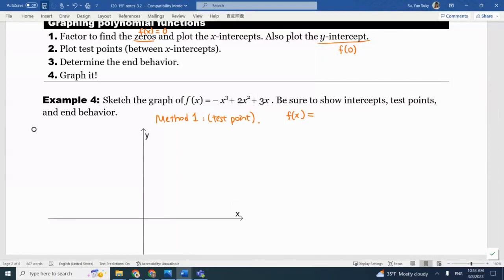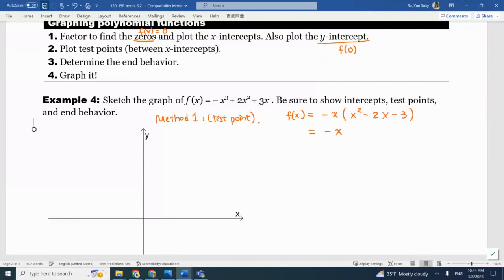So let's also factor out the negative. Okay, everybody? So we factor out minus x. What's left? It came out x squared. Yeah, very good. Thank you.